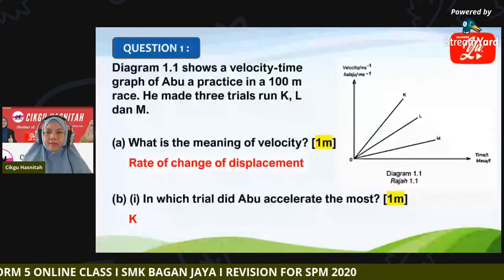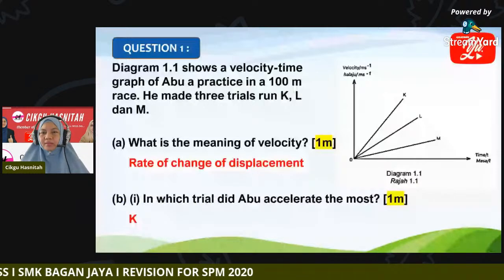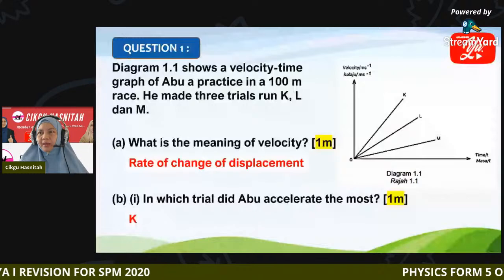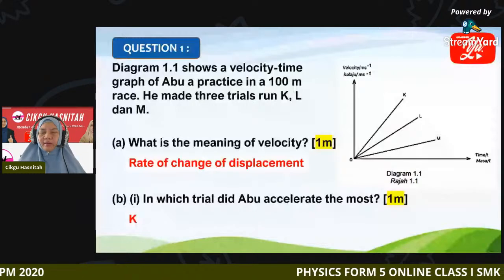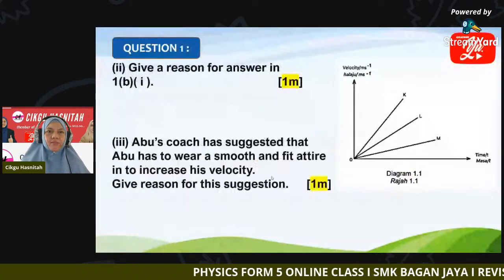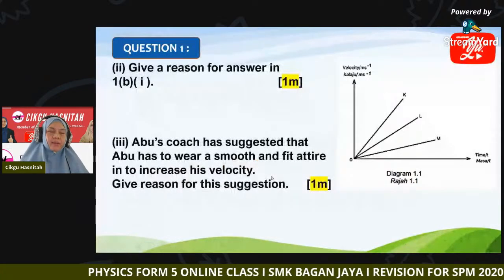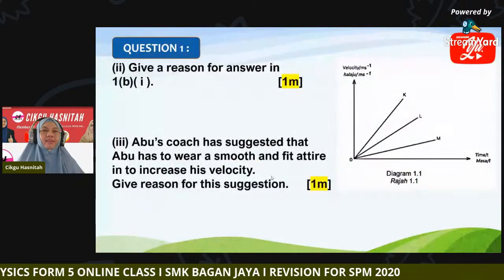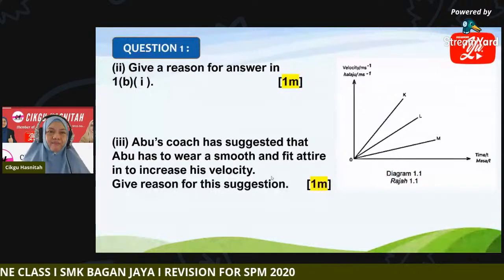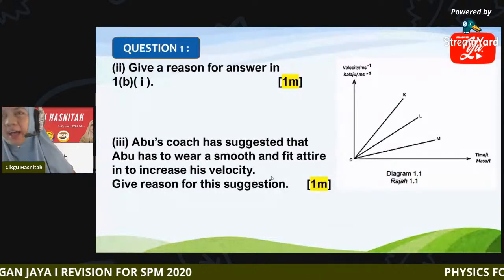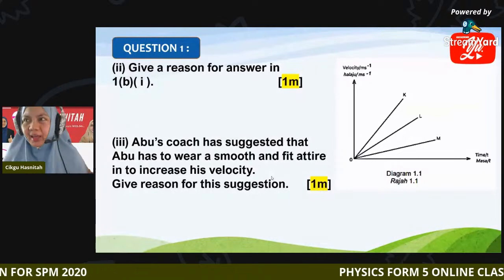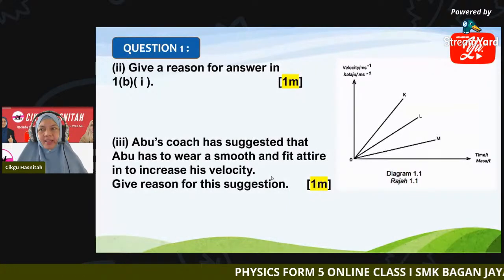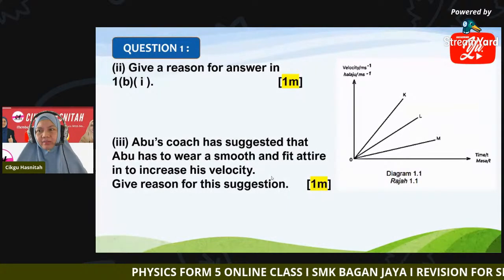Now next question. Look at the next slide. Question 2. Give a reason for your answer in B1. Why do you say he has the highest acceleration at trial K?